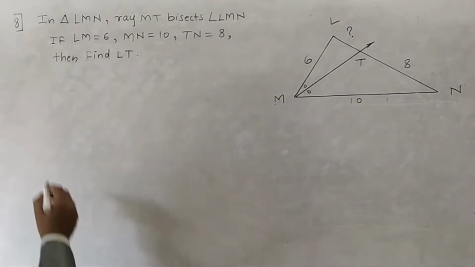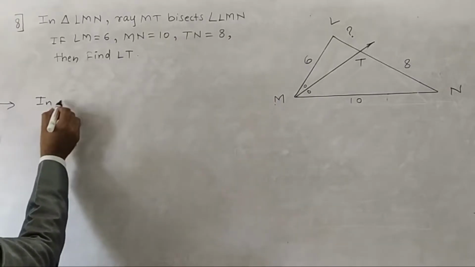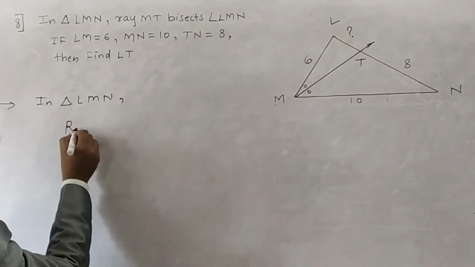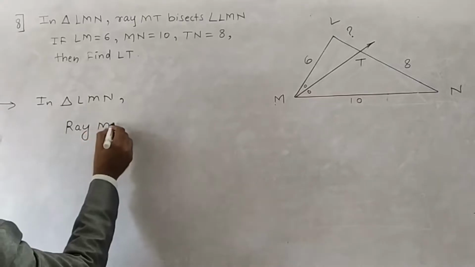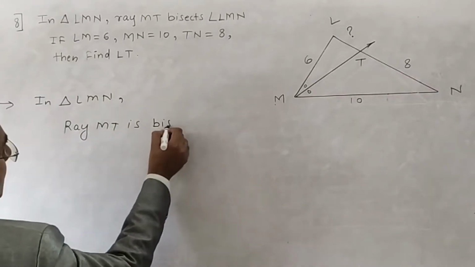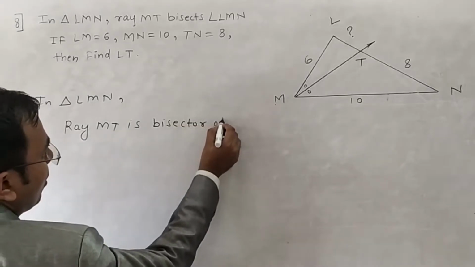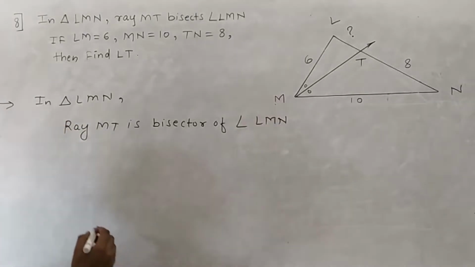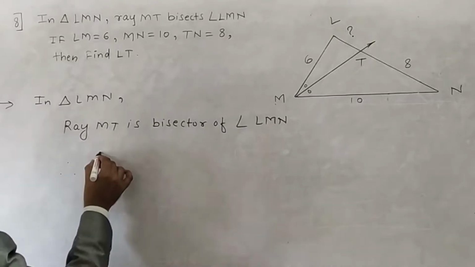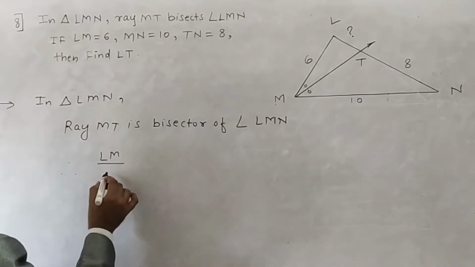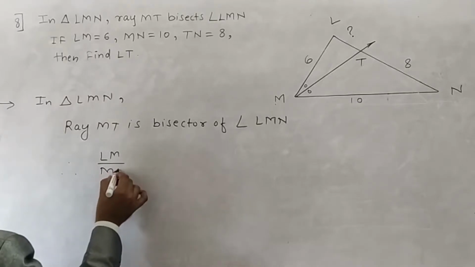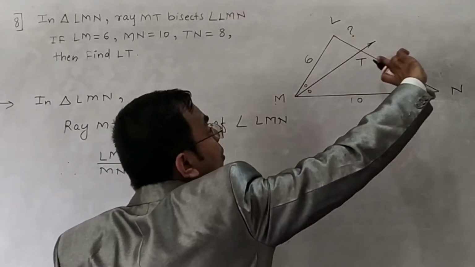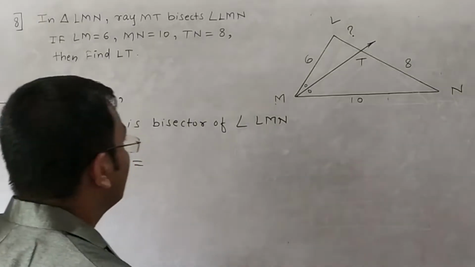So in triangle LMN, ray MT is bisector of angle LMN. Therefore, LM upon MN is equal to LT upon TN by angle bisector property.